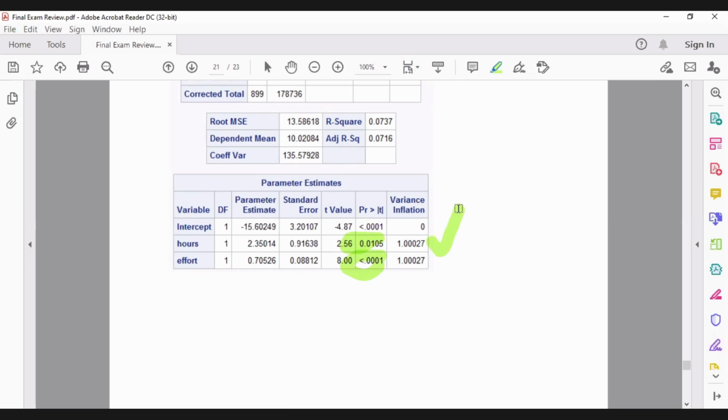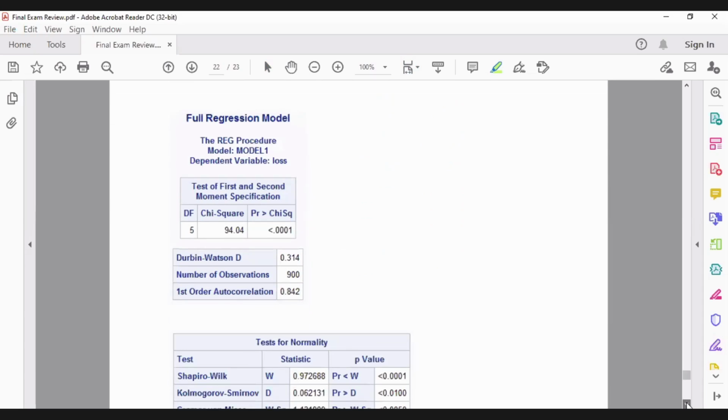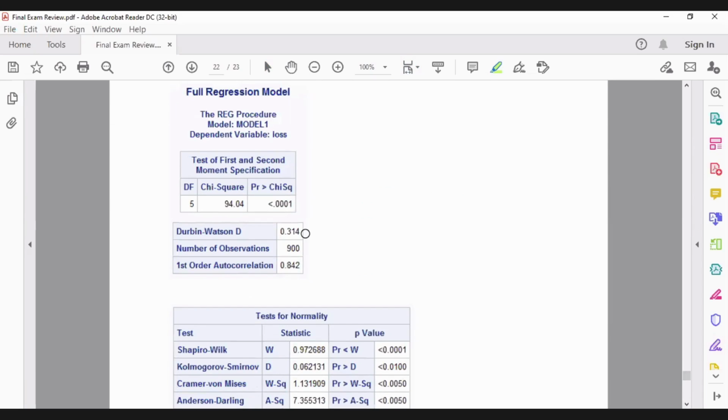VIF is okay because it is less than 10, so there is no multicollinearity in the regression model. And Durbin-Watson is 0.314, meaning that there is a problem of autocorrelation in the errors, since Durbin-Watson is close to 0.